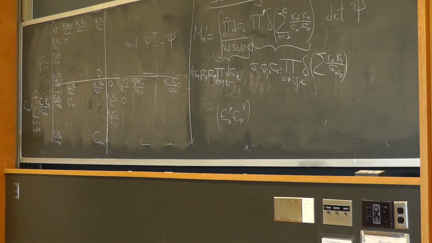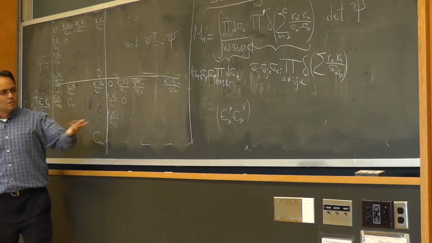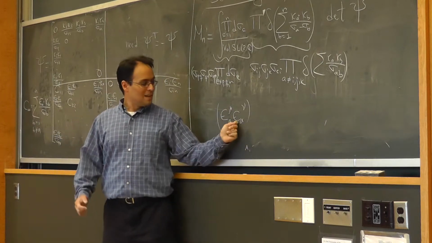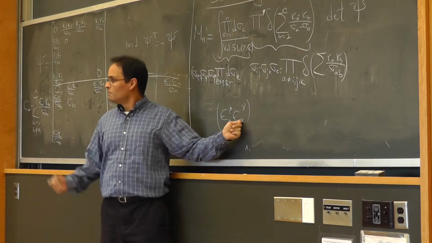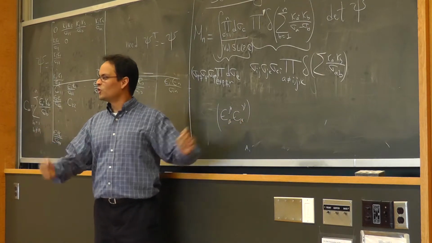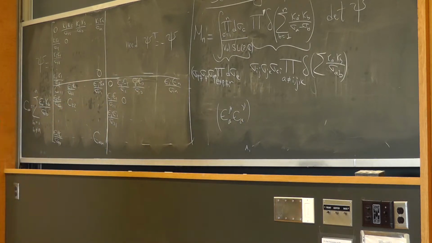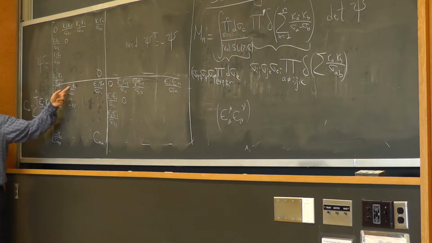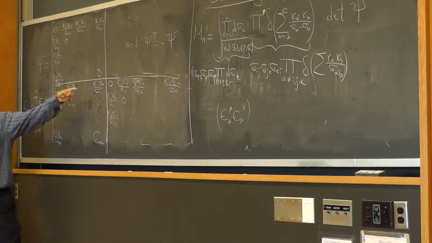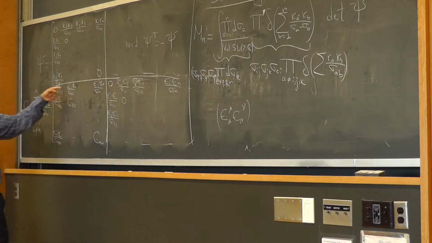The next thing is that I have to check gauge invariance. Okay? When you have gravitons, if you replace any one of these two by the momentum of the particle, you should get 0, immediately 0. Does that happen? Well, look here. Replace epsilon 1 by K1. Okay? And look at this row.